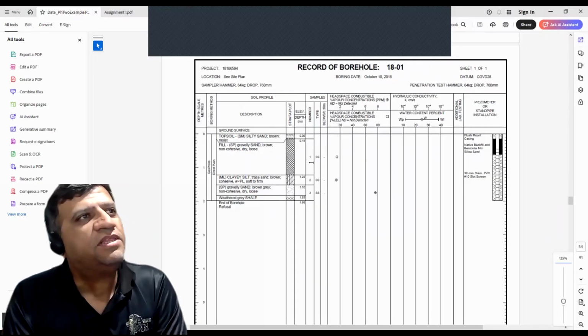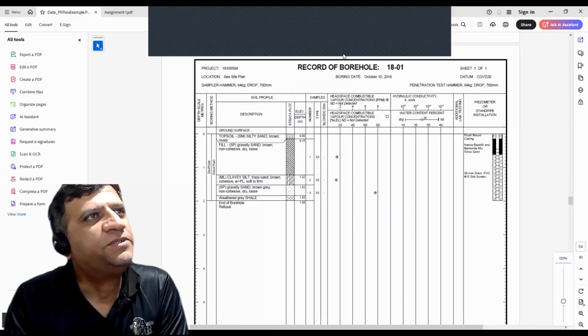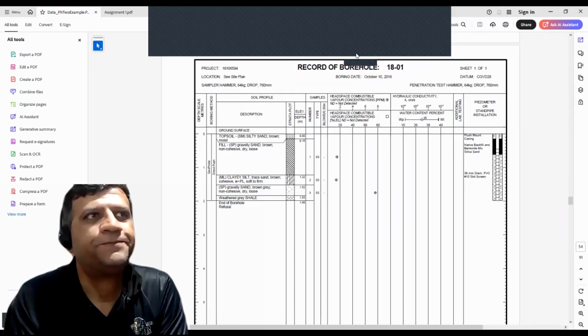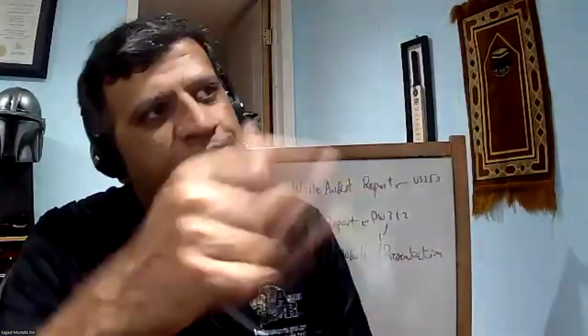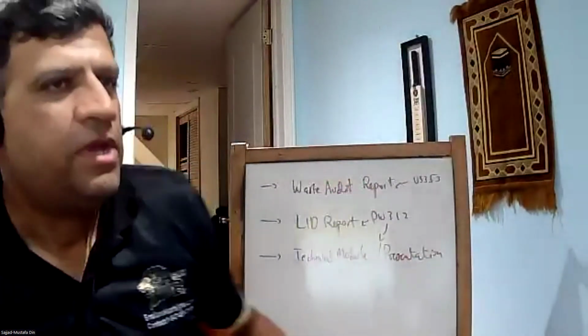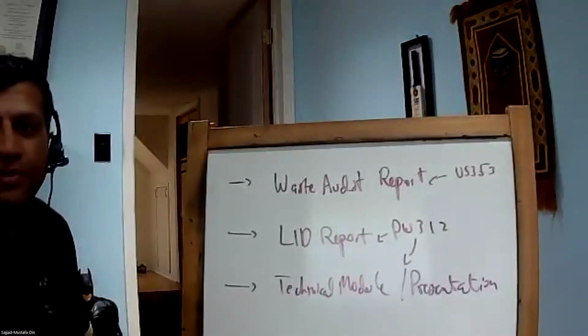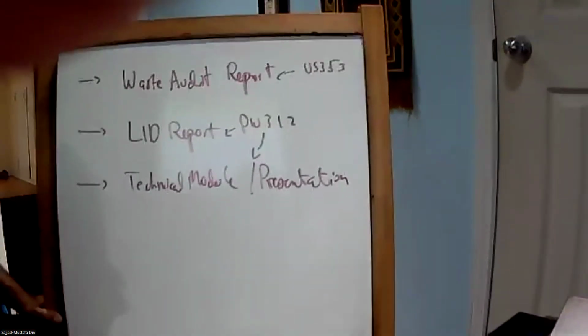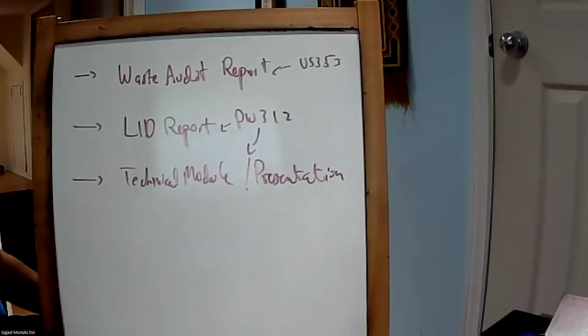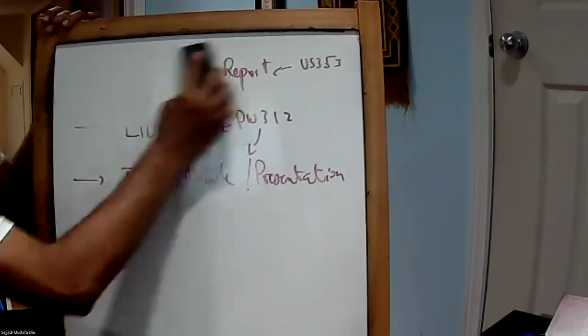Before we continue, something I want to share with you guys: how did they take this data and convert it over here? When you're performing borehole logging, this is one of the more important and commonly conducted methods of sampling or logging.